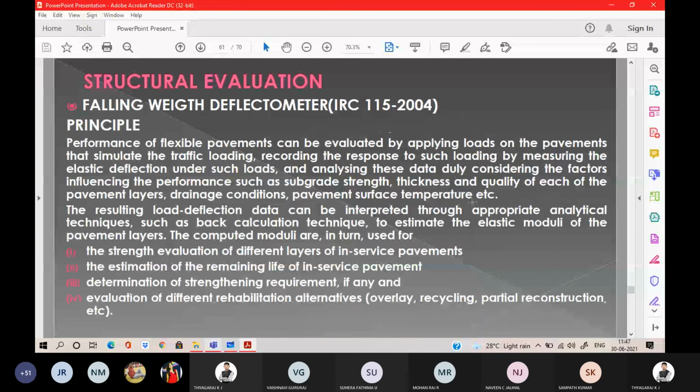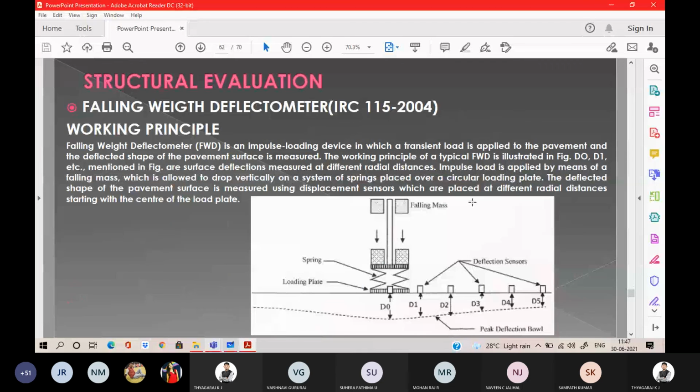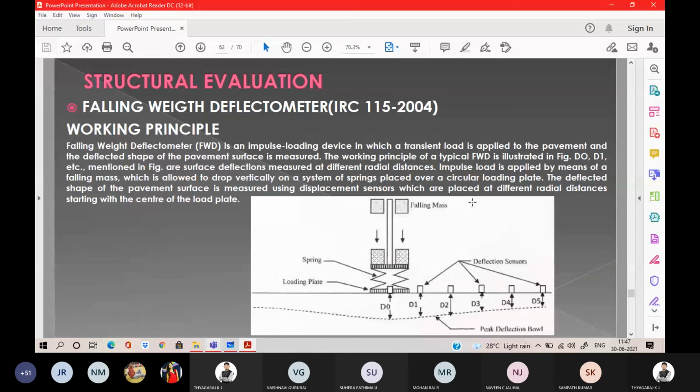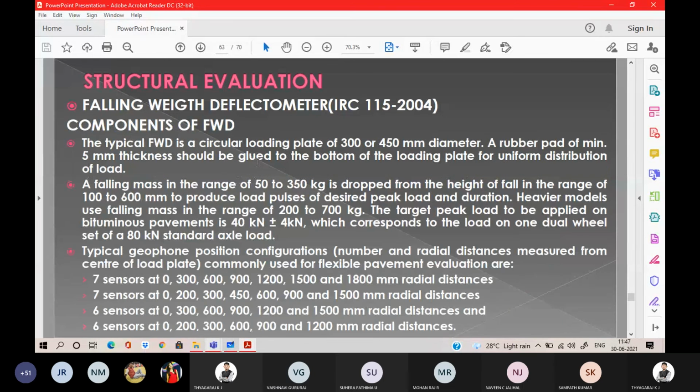There are two things: one is the working principle and another is the principle. Principle is different and working principle is different. What is the question I have asked? Working procedure. If you write this diagram and the things, it will be okay.